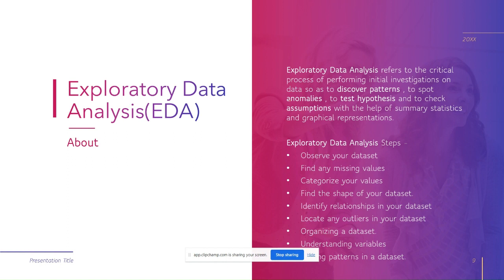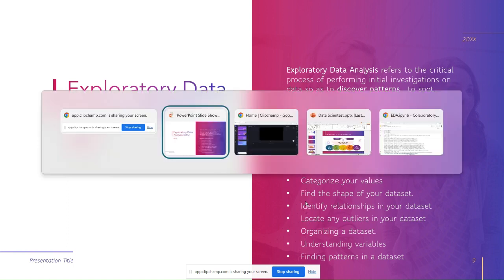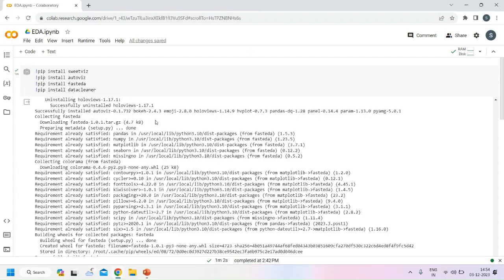It is also important to look at the outliers, so if you have outliers in your data set, find them. And understand the variables: you have to understand which variables are required and what each variable is. So in all this we are organizing data, understanding variables, and finding patterns in the data set.